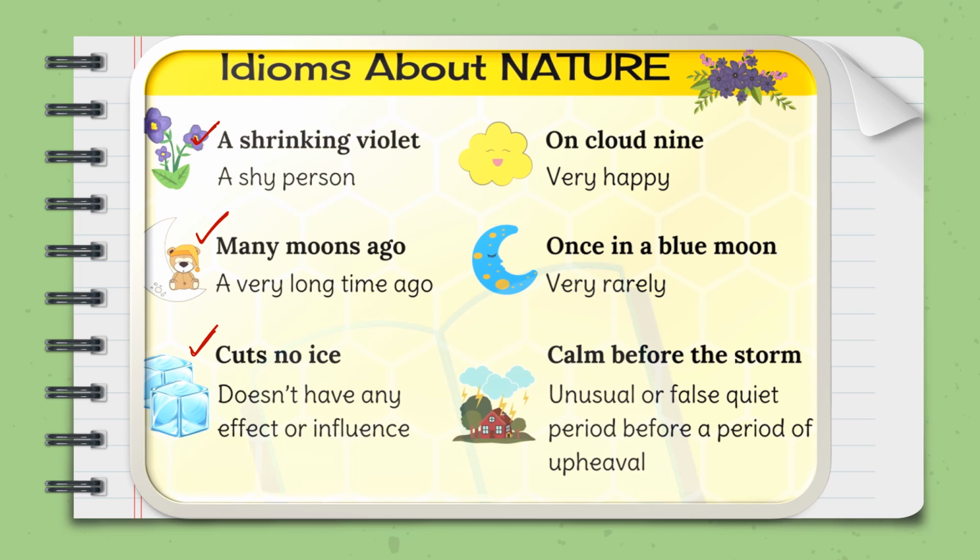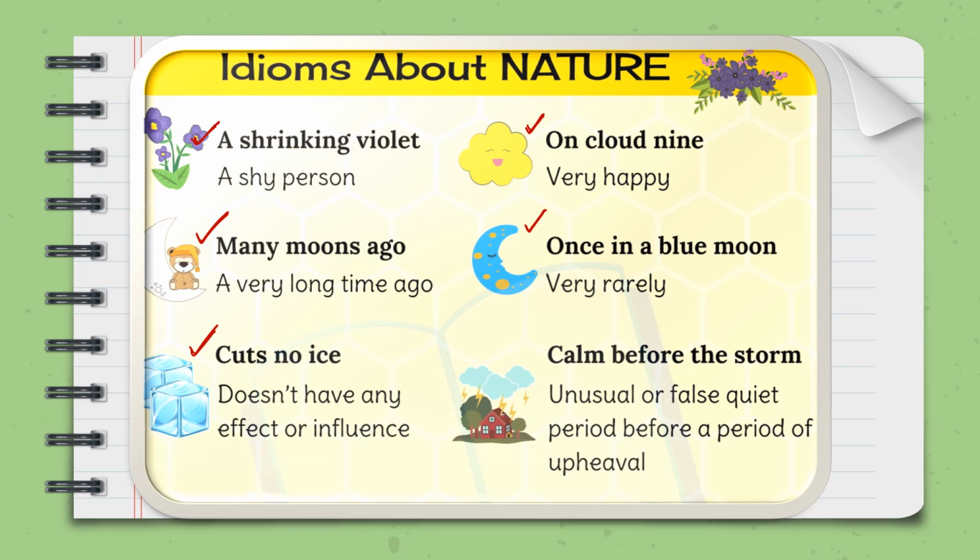Next one is on cloud nine. It means to be extremely happy. Example, I was on cloud nine when I won the first prize in the competition. The next idiom is once in a blue moon. It means very rarely. Example, I watch TV once in a blue moon.